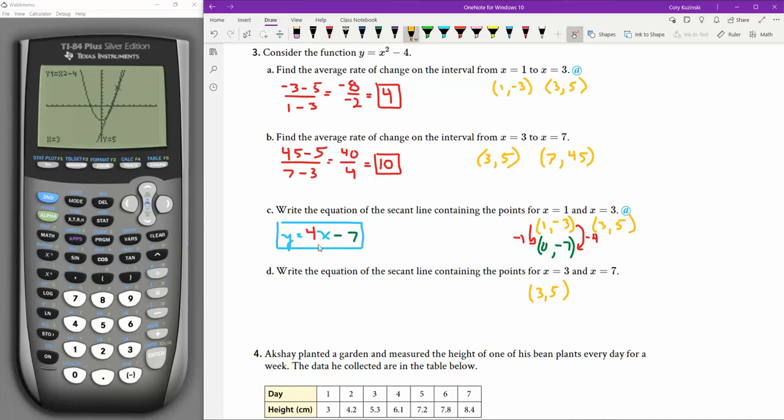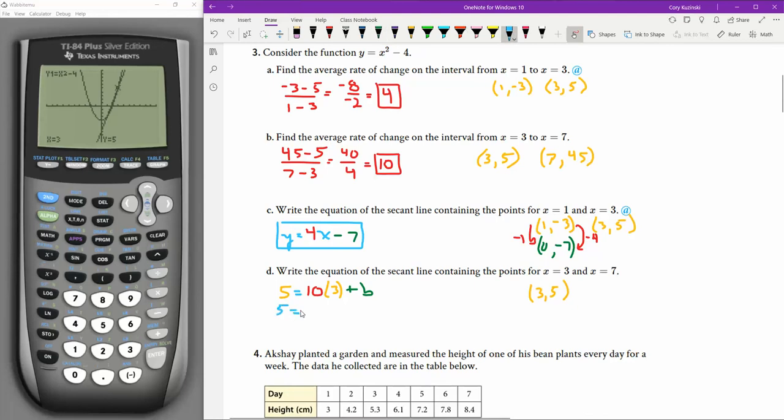And I'm going to do 5 in for y. I know my slope is 10. Figured that out in part B. I'm going to put 3 in for x. And when I solve this equation, it'll give me b.